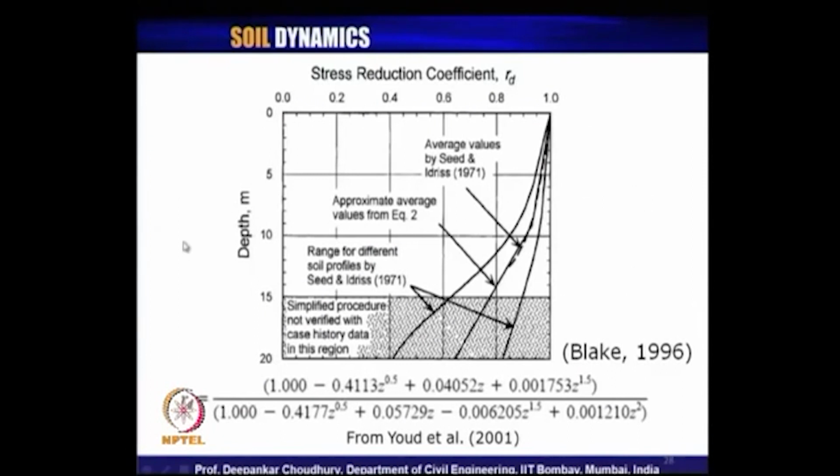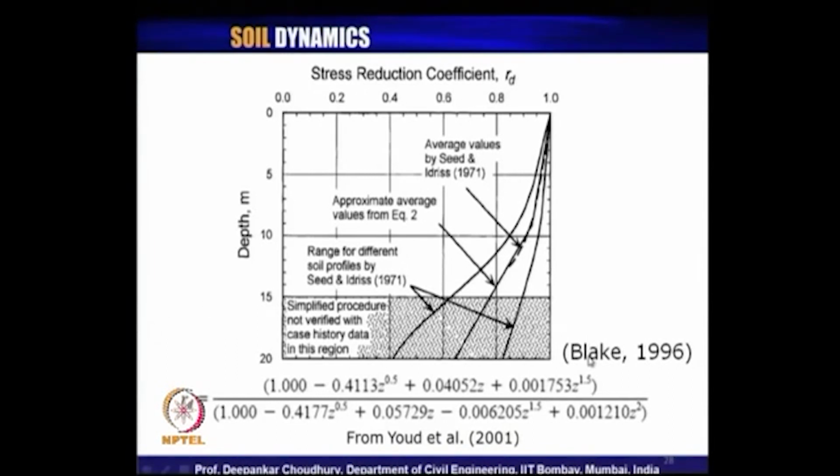Now, if you ask that at present for design methodology, what value or what expression of r_d one should use, I will say that as per Youd et al. 2001 decision, that is again a decision taken by all the stalwarts in the field of liquefaction analysis. So, it is worldwide followed.